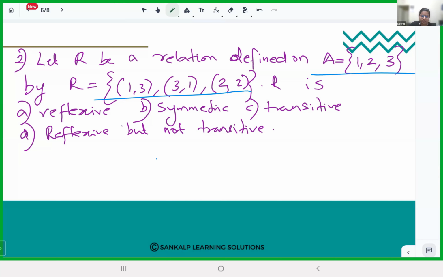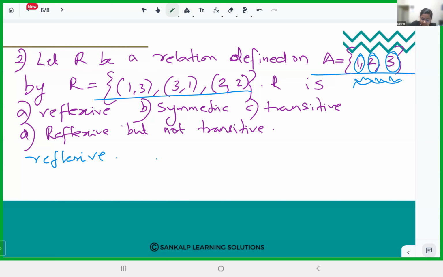First we'll start with reflexive. Is the relation reflexive? Consider the elements in set A: 1, 2 and 3. For a relation R defined on this set to be reflexive, each element in the set should relate to itself.